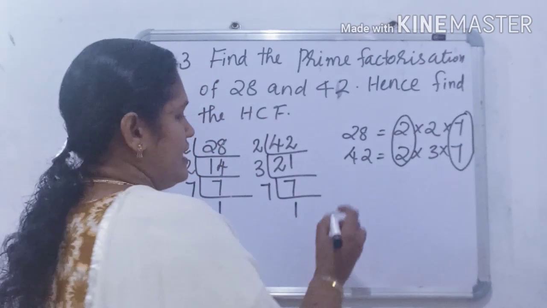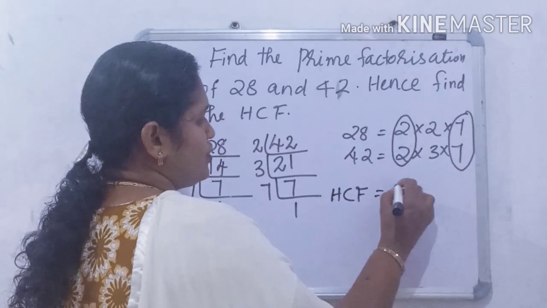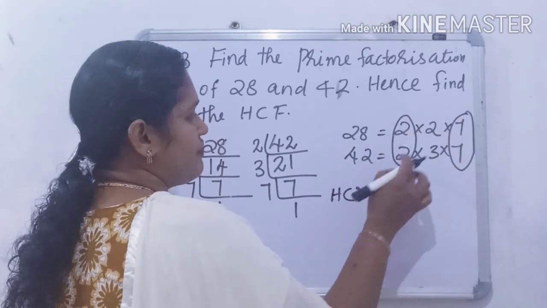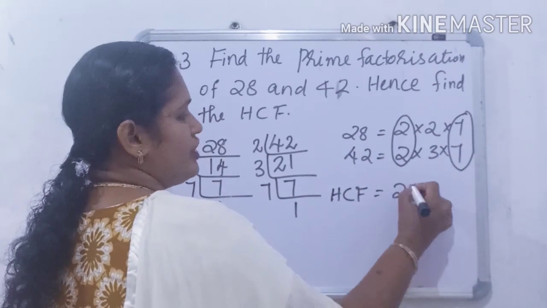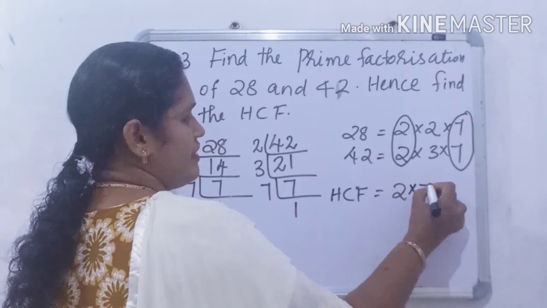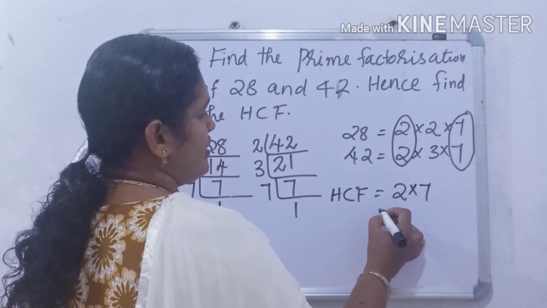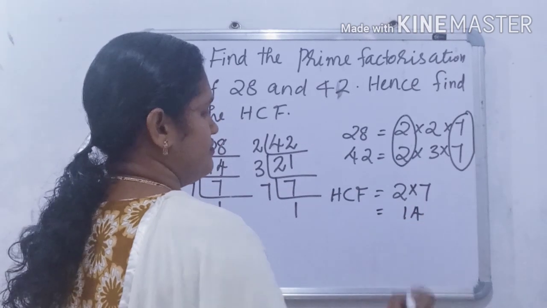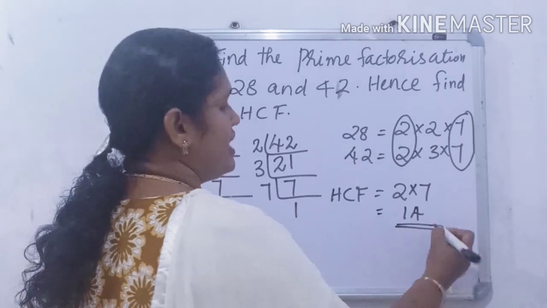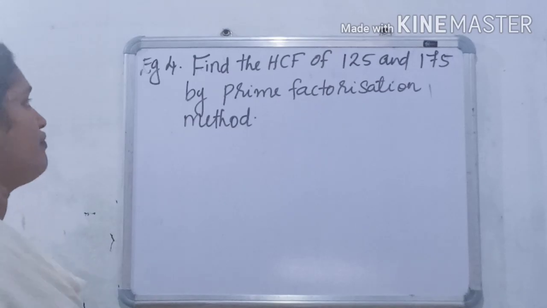Then HCF equals 2 into, take 1 from this pair and 1 from this pair, 2 into 7. Clear? 2 into 7 is equal to 14. 14 is the HCF.